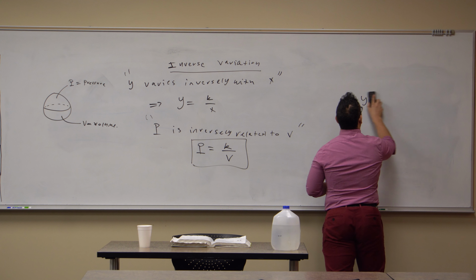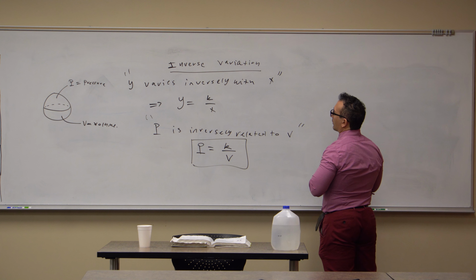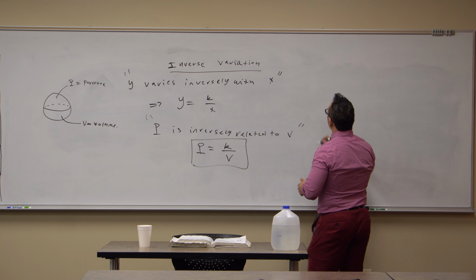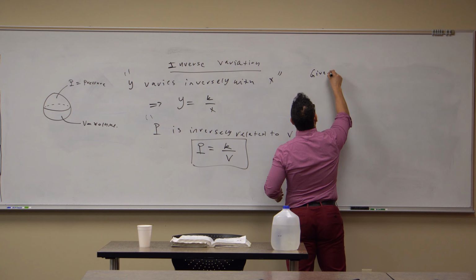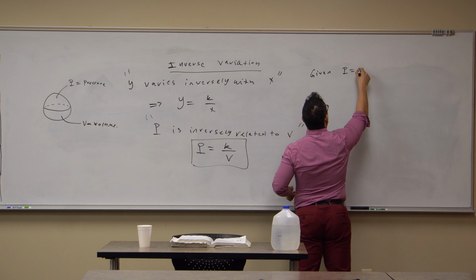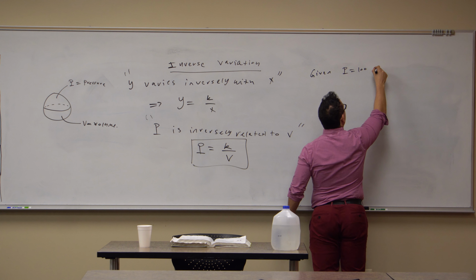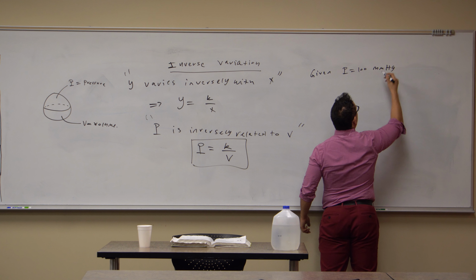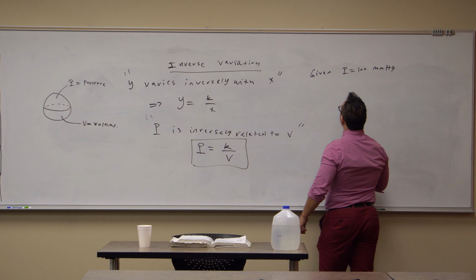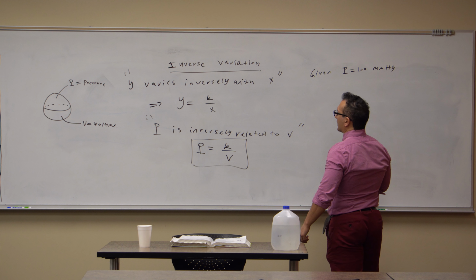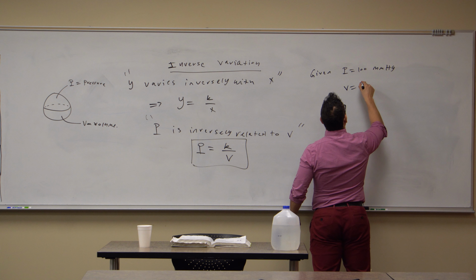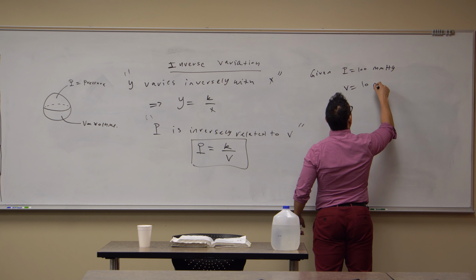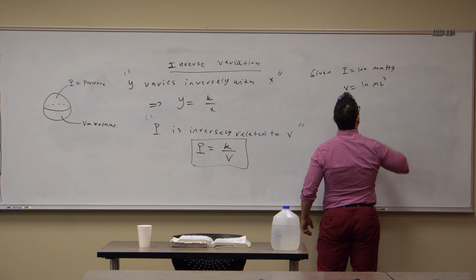Let's create some type of problem with inverse variation. Let's say, given pressure being 100, and the units could be millimeters of mercury. This is not important, the units. Let's say P is equal to 100, and let's say the volume is equal to 10 milliliters cubed. Okay.